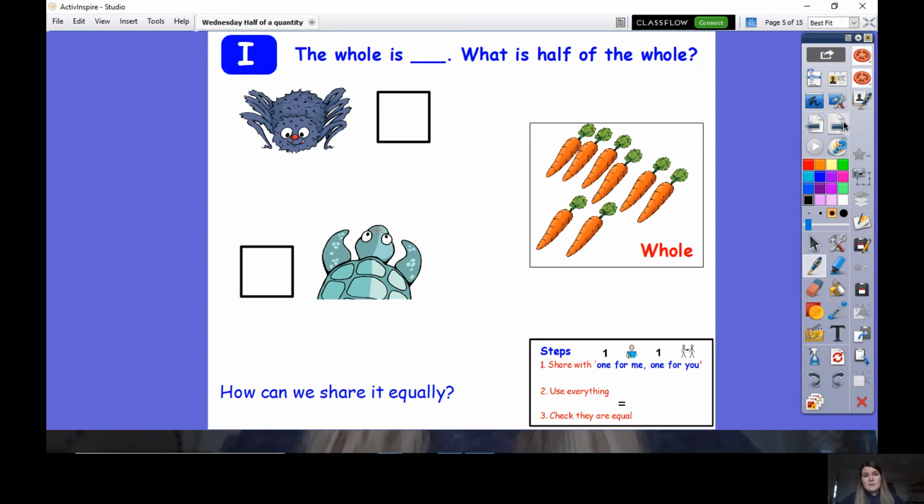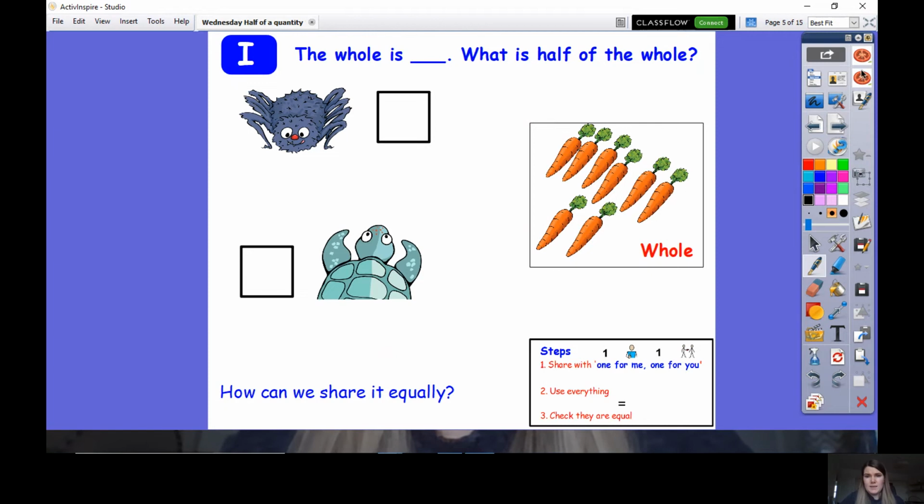So today we are going to be halving. The first thing we have is a whole number. We then have to share the number between 2 people, and we can say 1 for me, 1 for you. We have to make sure we use the whole number and then we check if it's equal.